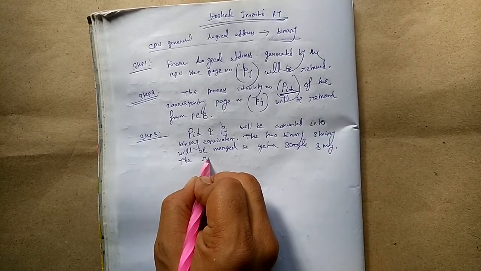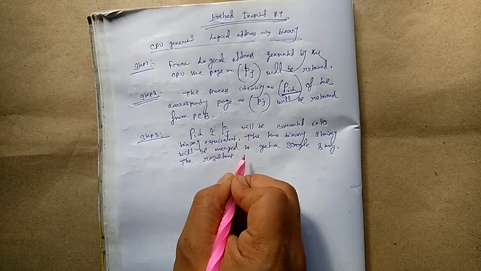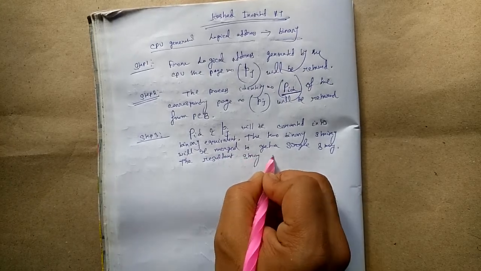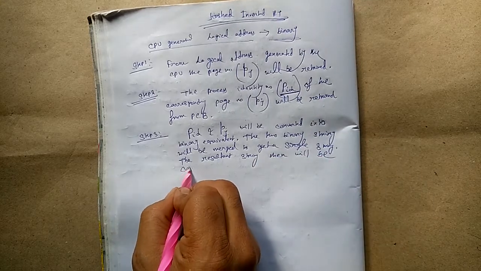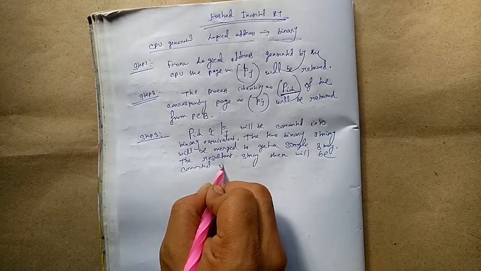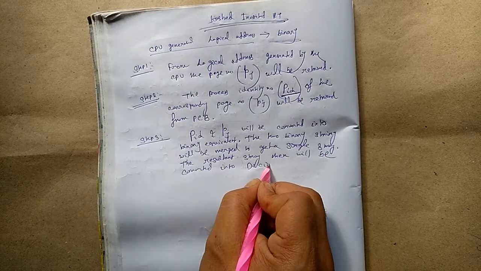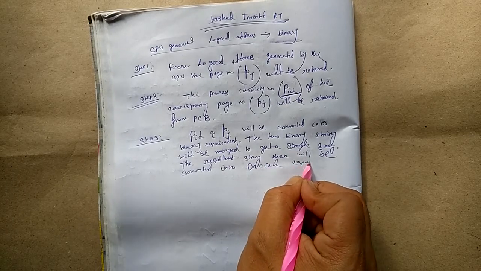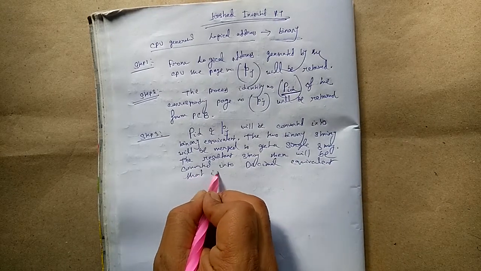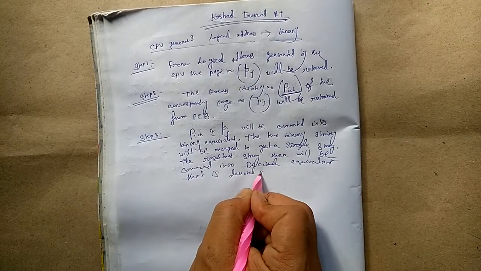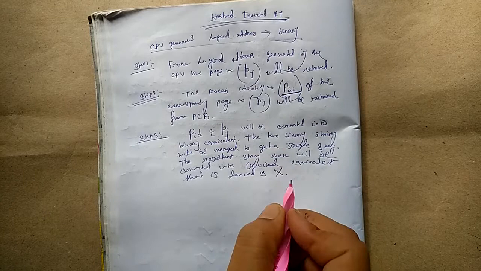The resultant string then will be converted into decimal equivalent, that is denoted as capital X.